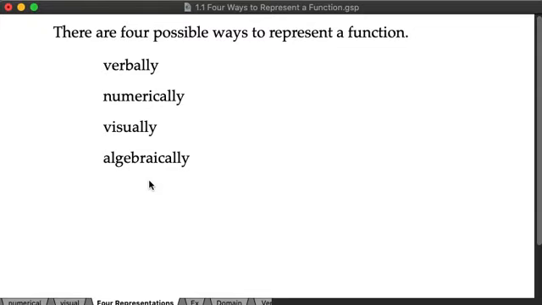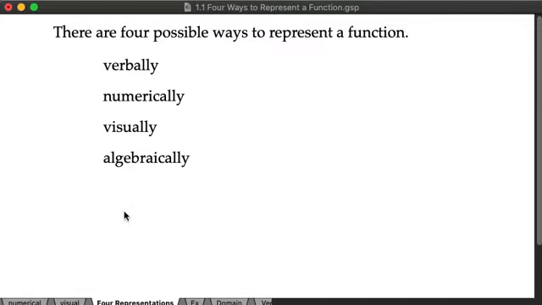Now, most real-life functions of things that we actually do in the world, like ride a bicycle, don't have an algebraic formula that represents them. We can approximate them by modeling with an algebraic formula, but those aren't exactly the values, okay?